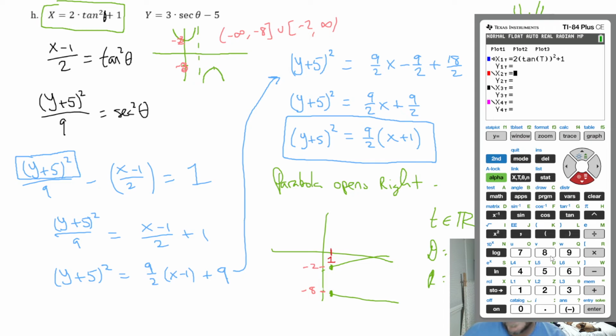Now the 3 secant, well, secant's the reciprocal of cosine, so you're doing 3 divided by the cosine of t. I'm closing up a bunch of parentheses on that too, because the minus 5 needs to be on the outside. And I feel good about that. So now I want to see the full set. This is fine.